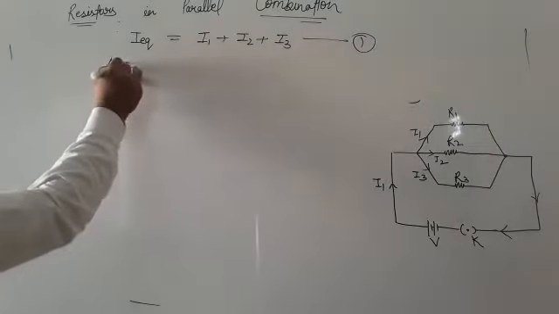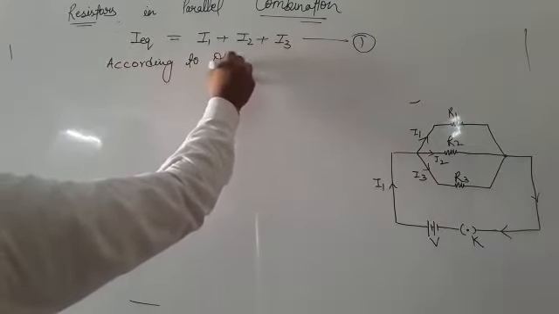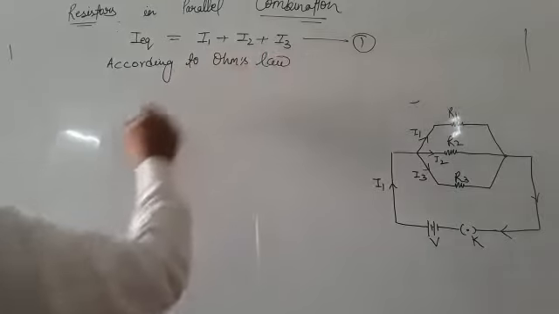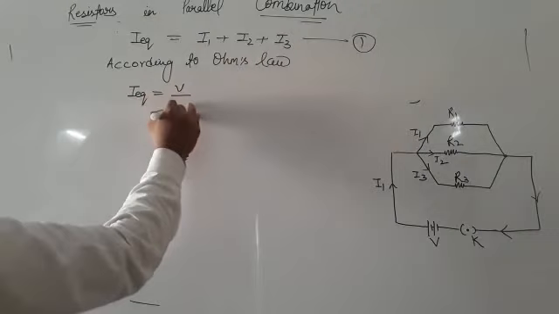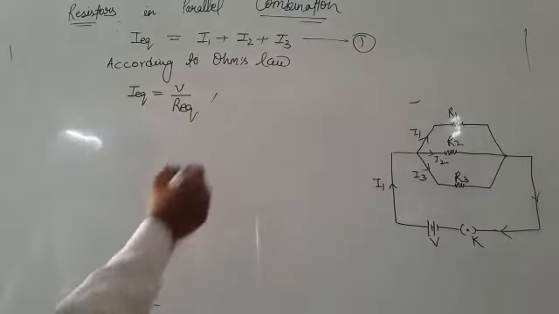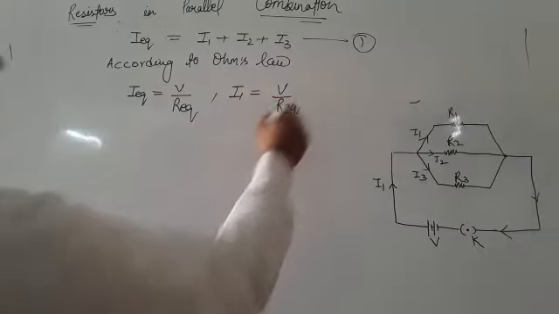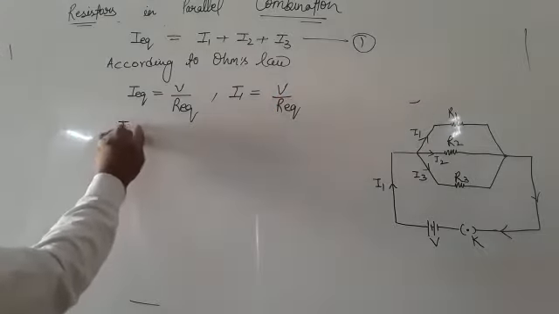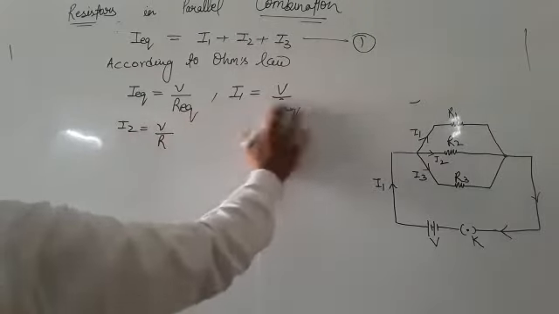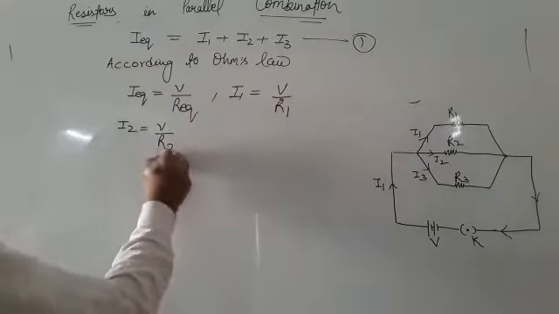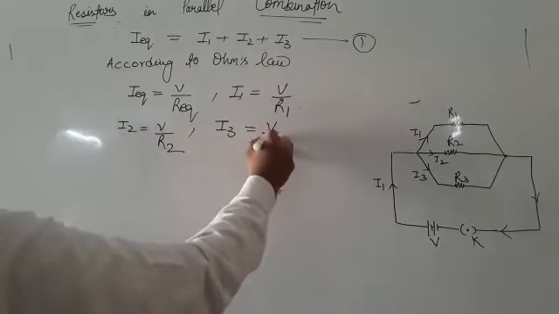Now according to Ohm's law, I equivalent is equal to V by R equivalent, I1 is equal to V by R1, I2 is equal to V by R2, and I3 is equal to V by R3.